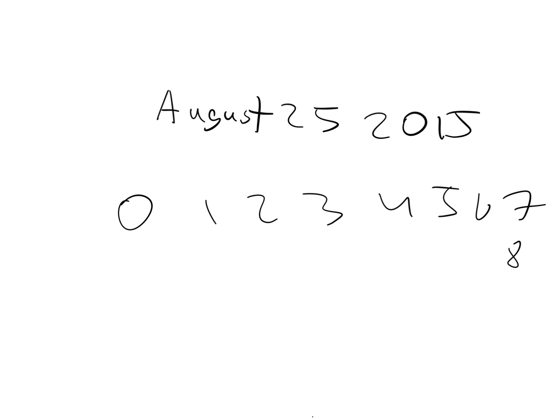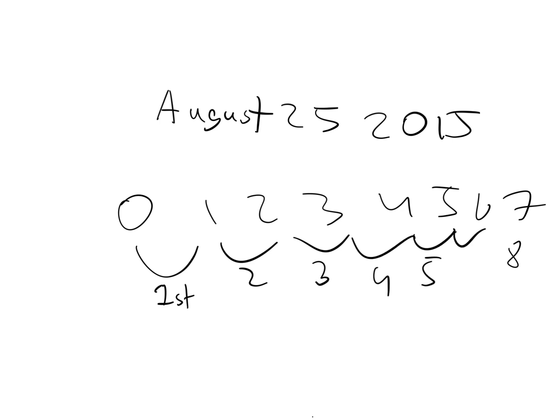There's no 0th century, because the first century means from the year 0 AD to 100 AD, which is annoying to think about. Now we can proceed here. This is the first decade, this is the second, this is the third, this is the fourth, this is the fifth, this is the 6th, and therefore this is the 7th.